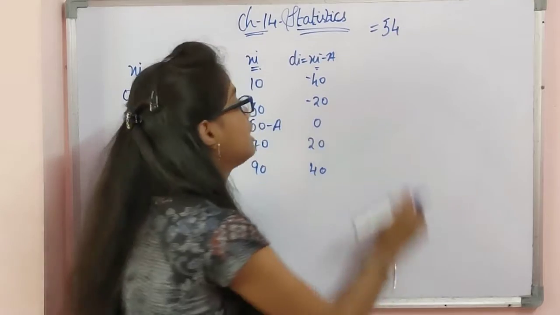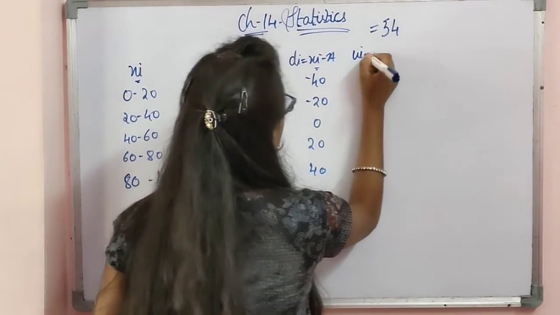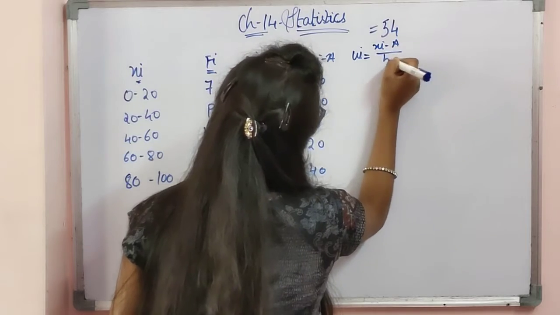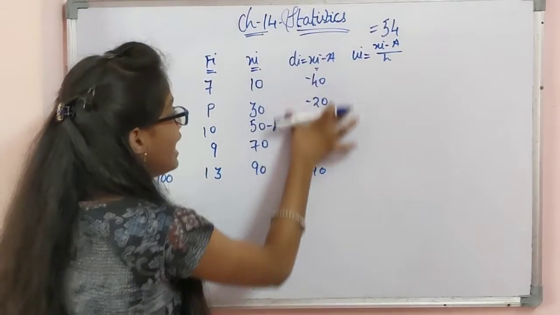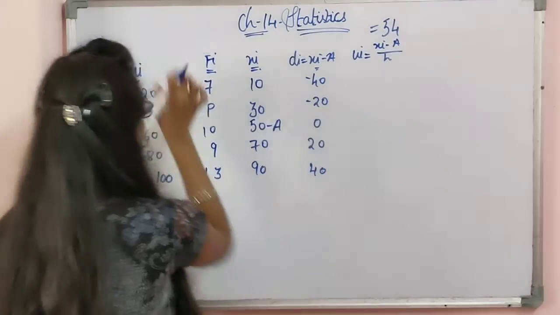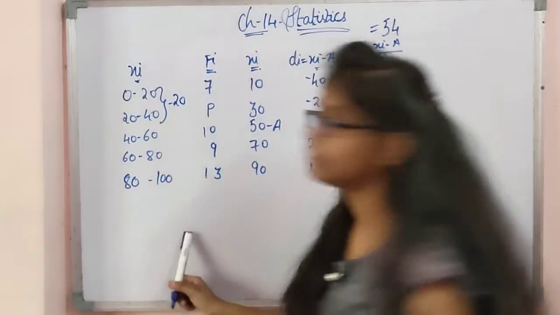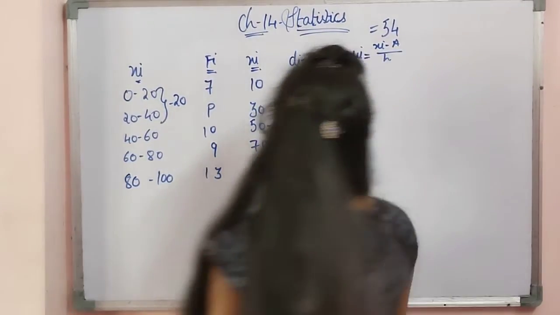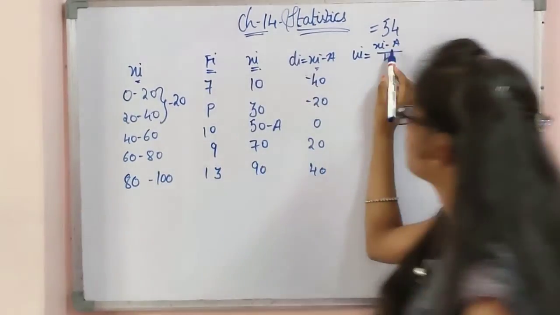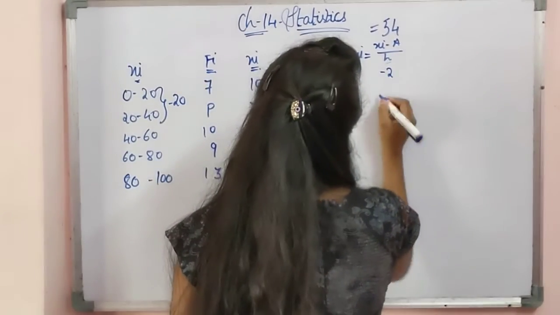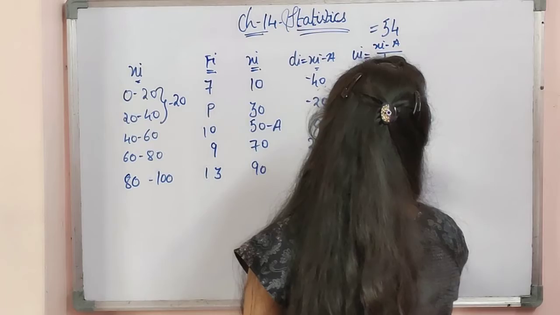In this particular method we get ui, the column added is ui, which is xi minus a by h. In this column you divide all these values by h. Here h is 20. So xi minus a by h: minus 40 by 20 gives minus 2, then minus 1, 0, 1, 2.